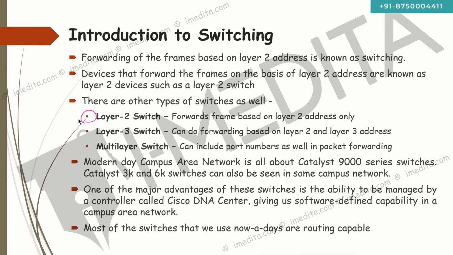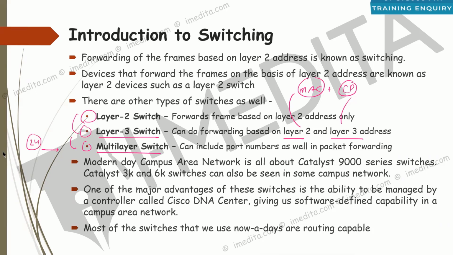Then we have layer 3 switches, which can do packet forwarding based on layer 2 and layer 3 address, basically the MAC address and the IP address. And in a modern day network, we also have multi-layer switches, typically referred to as layer 4 switches, that can also include the port number in their packet forwarding decision.